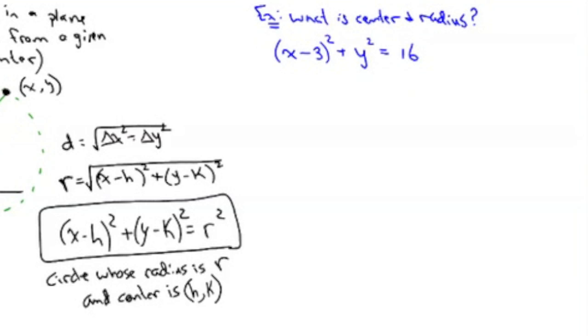If it's inside parentheses, it goes the opposite direction that you think. That says minus 3, and you would think it would go 3 to the left, but that really goes 3 to the right. So when we talk about the center, this is actually going right 3. Where's this one going?